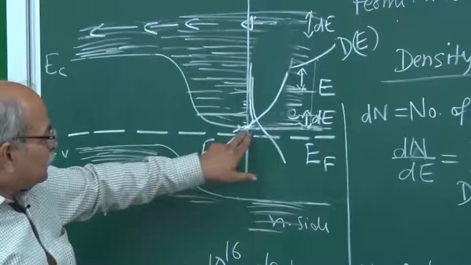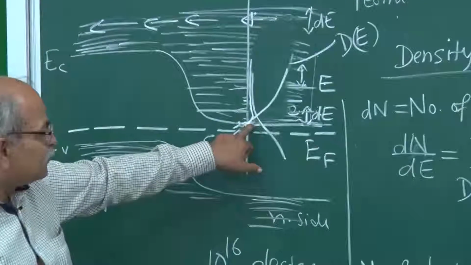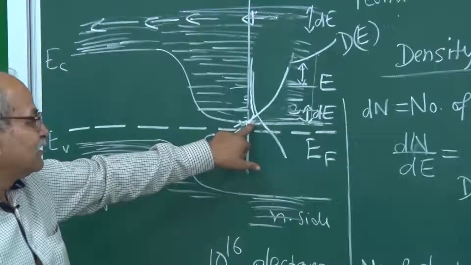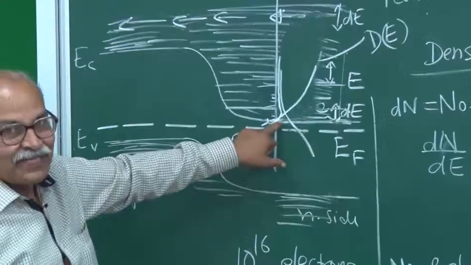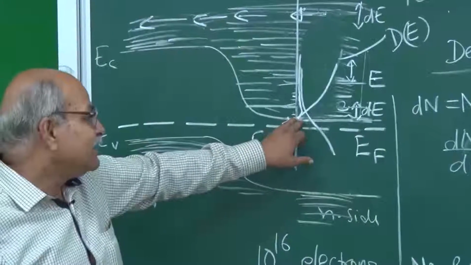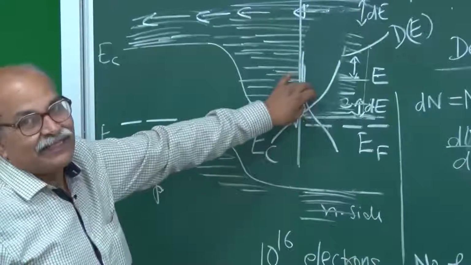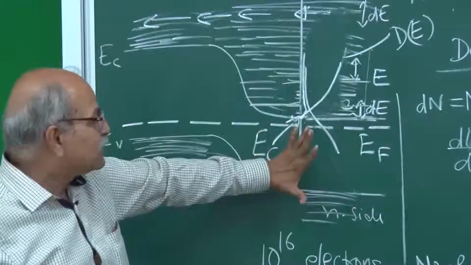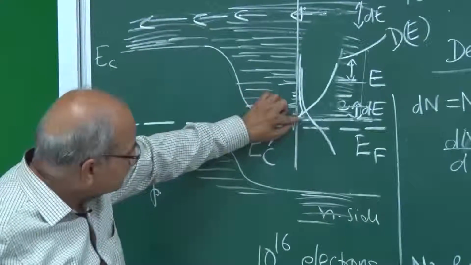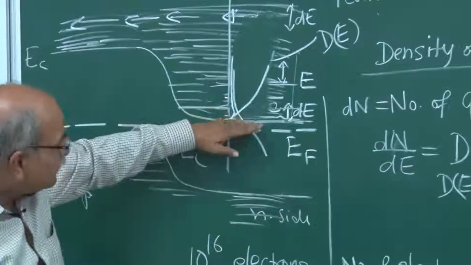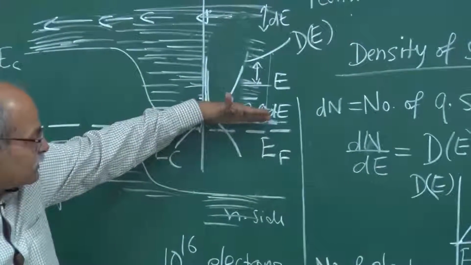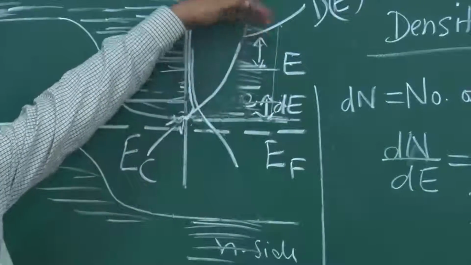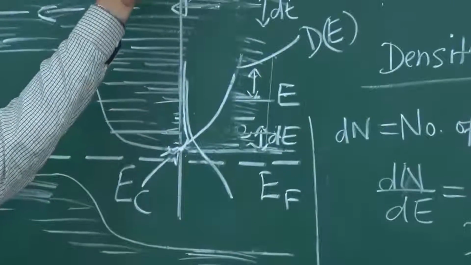Right at the bottom you do not have maximum number of electrons, because the density of states is very, very small here. Slightly above it maximizes and then it decreases. But for all practical purposes, you can neglect that variation here, and you can say that lower the energy, larger are the number of electrons, and then as you go up, that number decreases.